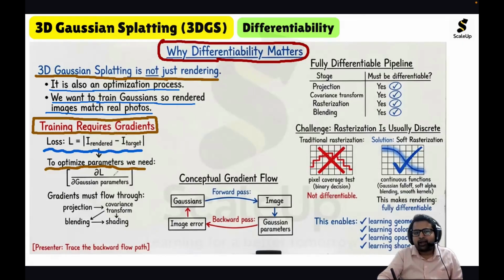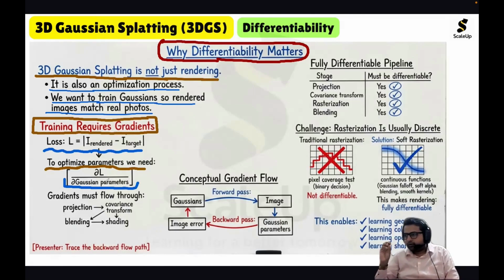So we have to find the change of loss with respect to the Gaussian parameters. We call it the gradient. Gradient is del L by del Gaussian parameters, like how the loss is getting affected by tweaking the parameters.